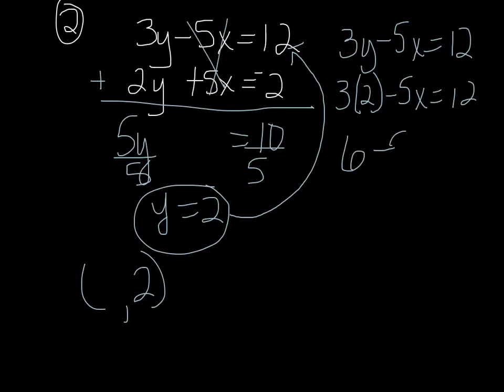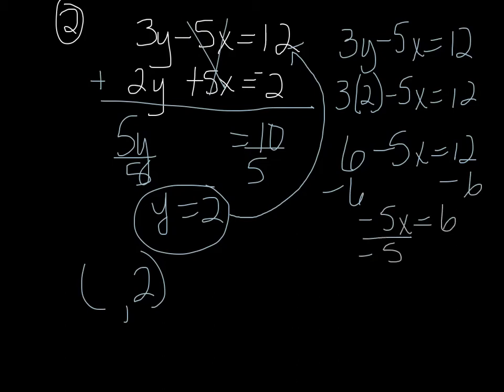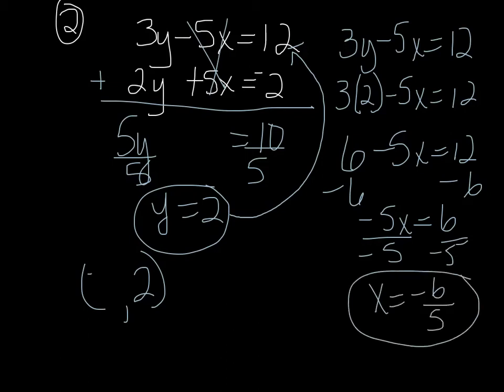So this is 6 minus 5x equals 12. Subtract 6, and negative 5x equals 6. Divide by negative 5, and we get negative 6 over 5. That's my x value. Now this one we couldn't graph because it's a fraction, we wouldn't know where it's at.